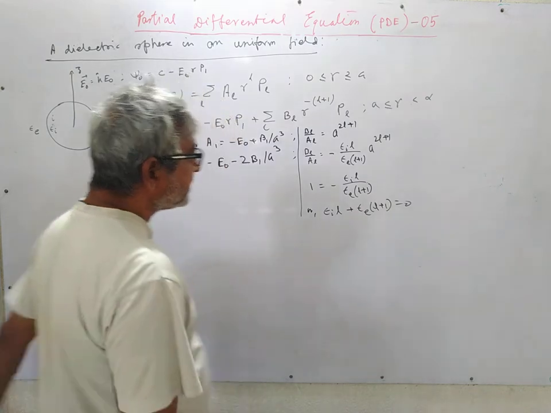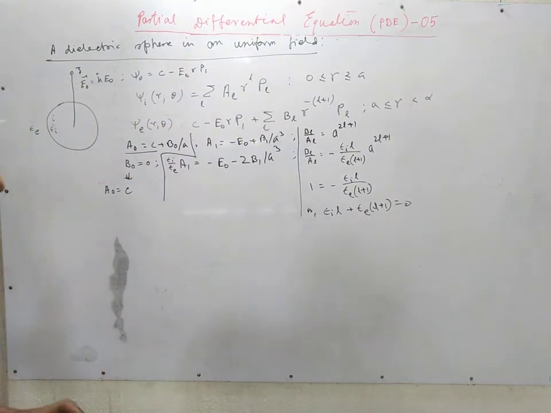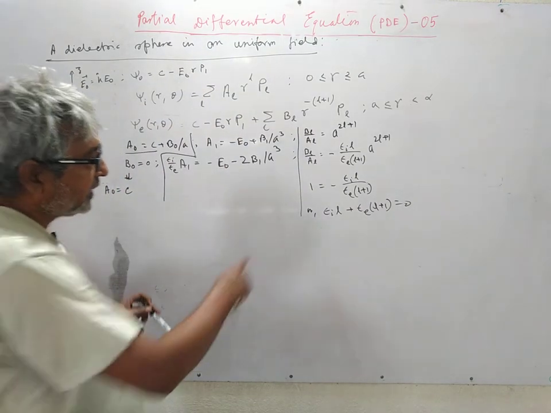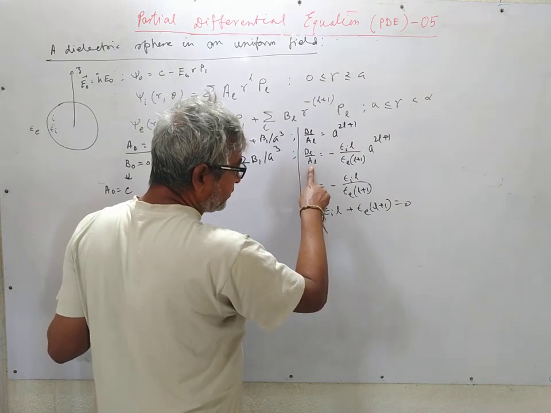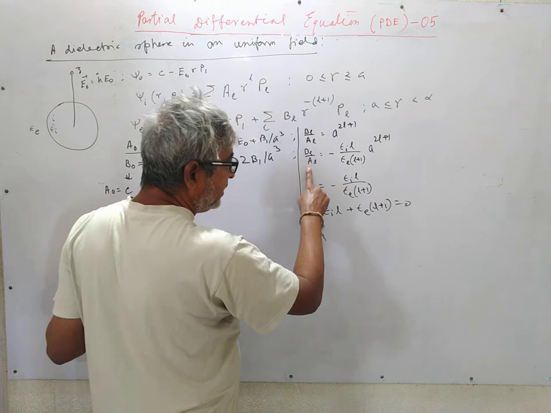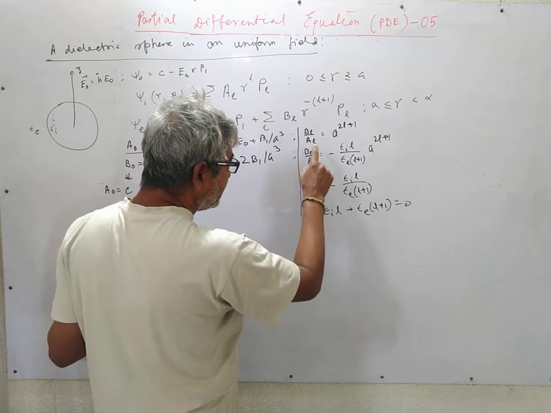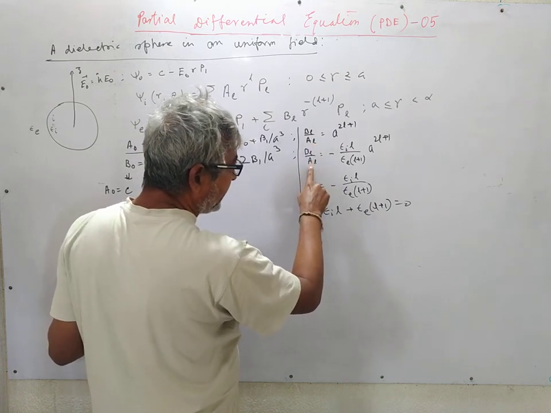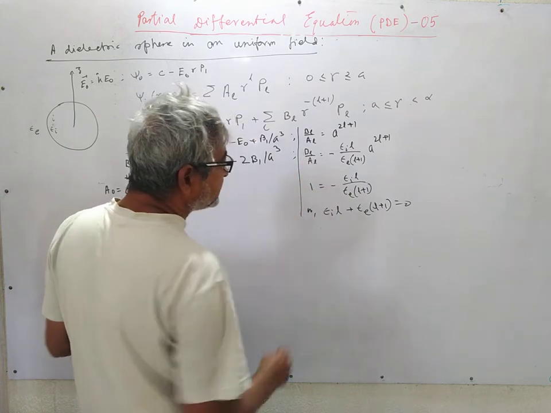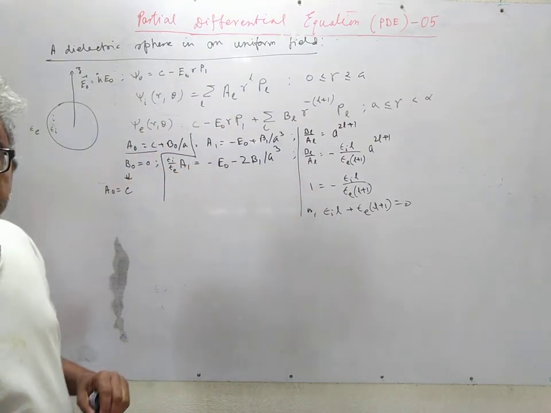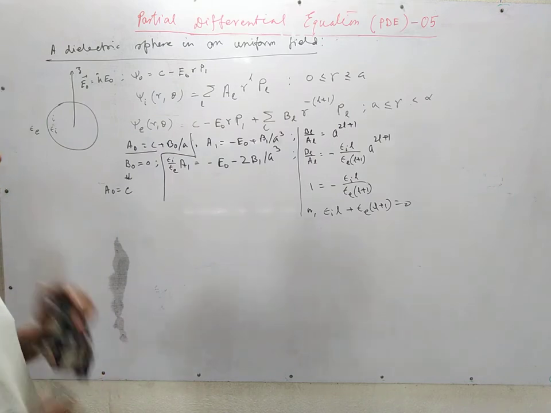This unphysical relation has been obtained from the assumption that AL for L greater than or equal to 2 is non-zero. When we divide these two, it is in our mind that AL is not 0. That means that AL not equal to 0 is not a correct assumption.